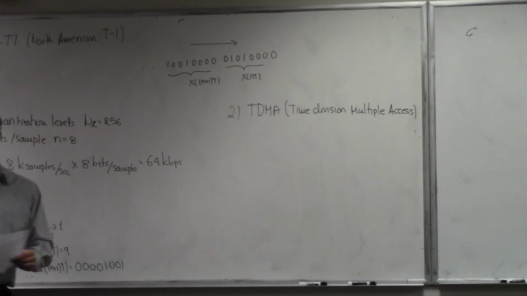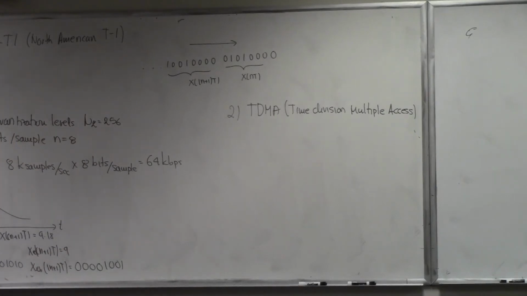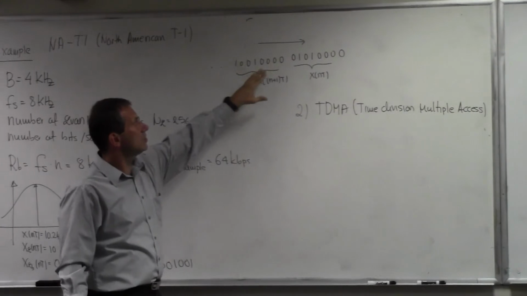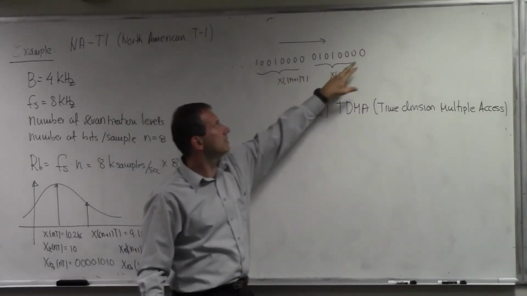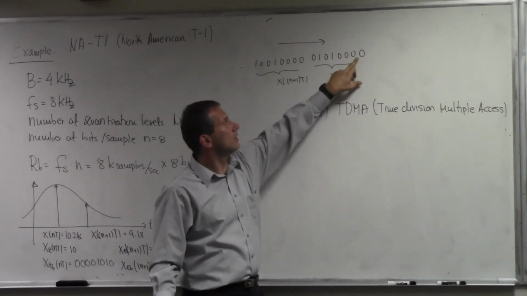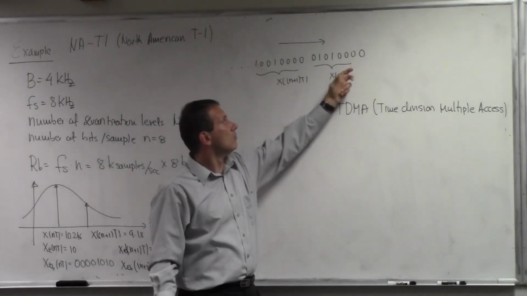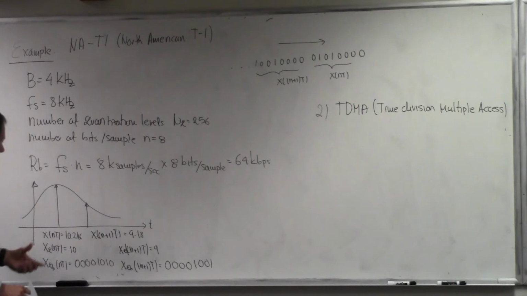The one thing that you notice is once you digitize the system, then this is not really continuous. You have a bit, and then you can insert something in between here. I should really go back to this figure here.